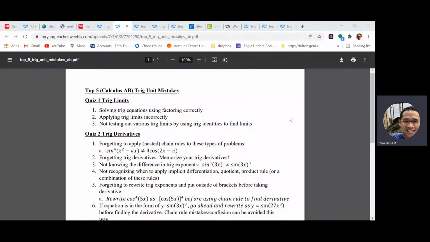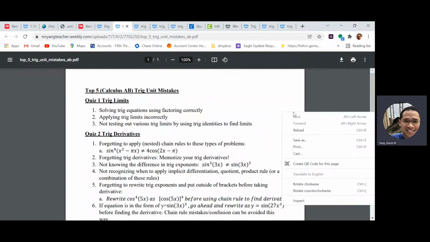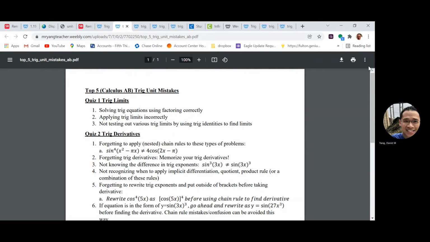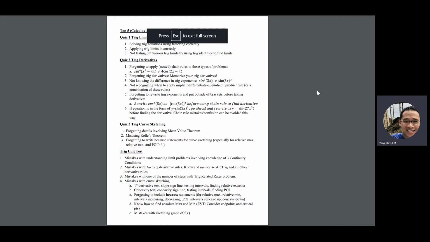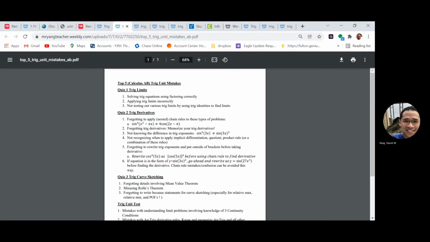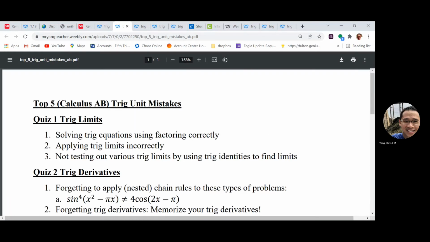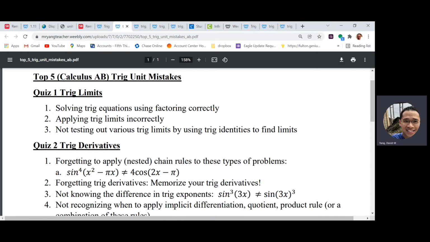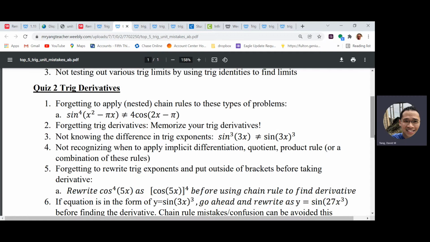Okay, and if you're online, I'll also share this as well. Okay, so let me just go through these here. Okay, so trig derivatives, these are the common things I see.